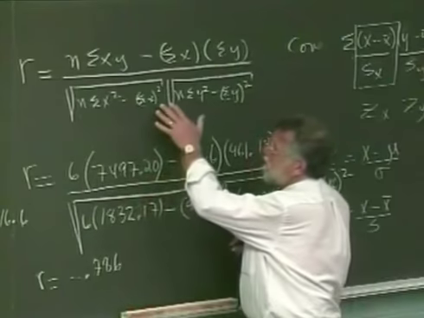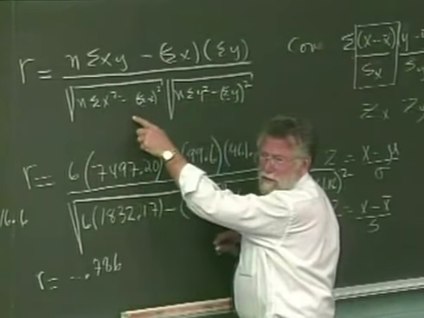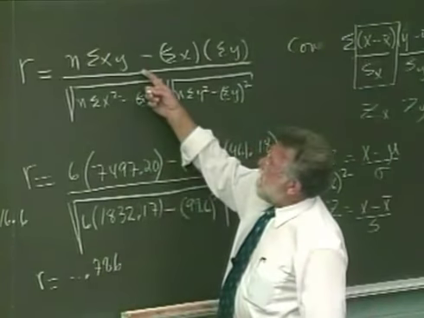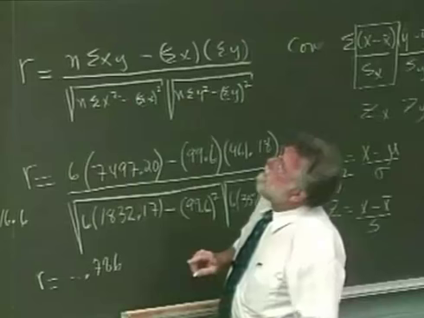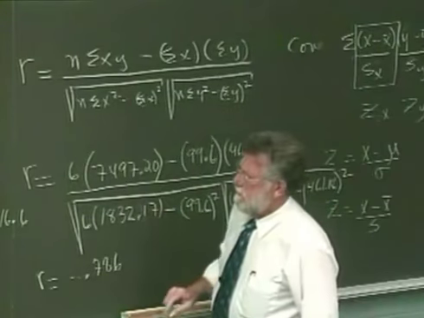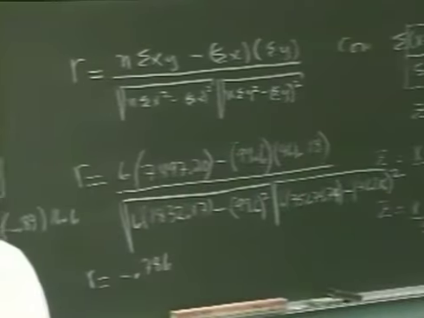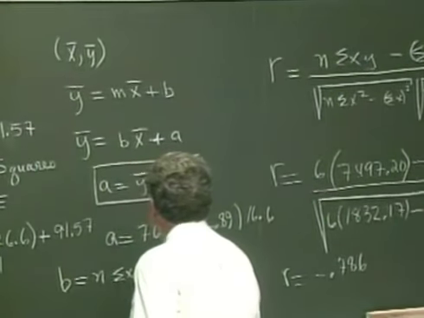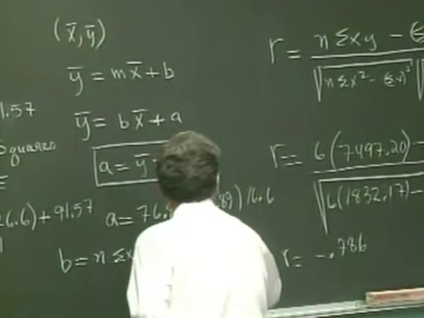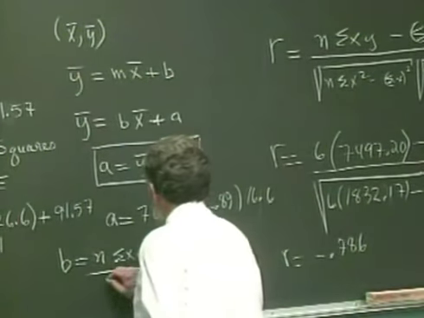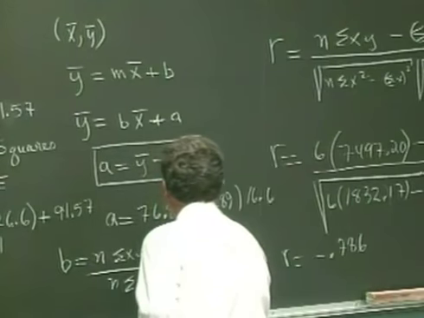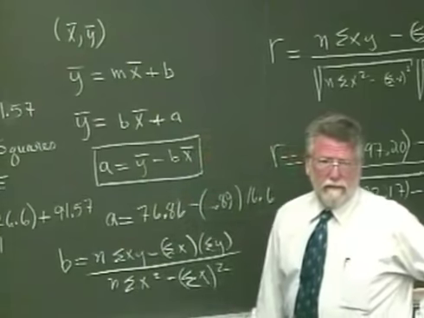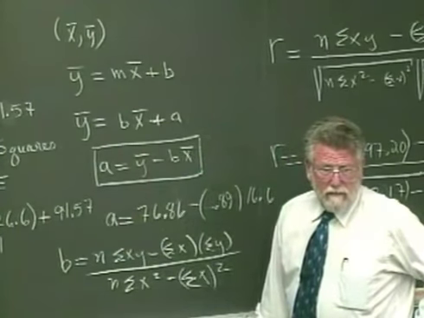And the denominators, throw out this part and throw out the radical here, and you got it. So B is, and I do the same substitution, summation of xy minus the summation of x times the summation of y. And then in the denominator I have n times the summation of x squared minus the summation of x quantity squared. And I just substitute and I've got it. Right?